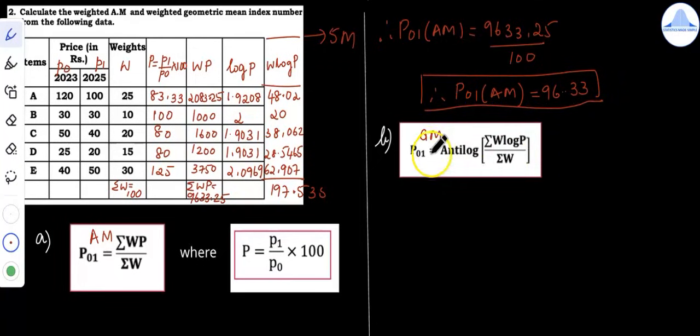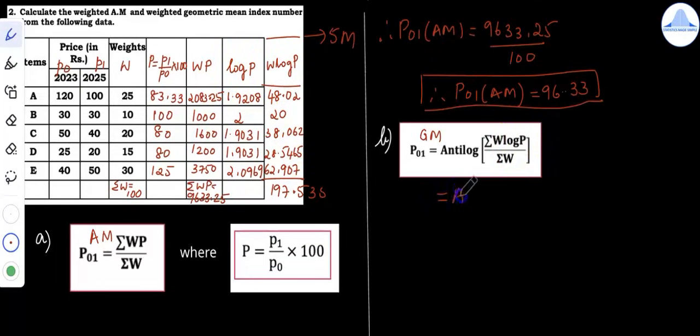Next is the weighted geometric mean index number. The formula is P01 of GM is equal to antilog of summation W log P by summation W. So please be careful here. The numerator is summation W log P. So we have already done the calculations in the table.